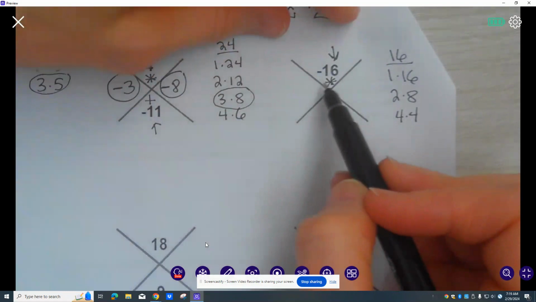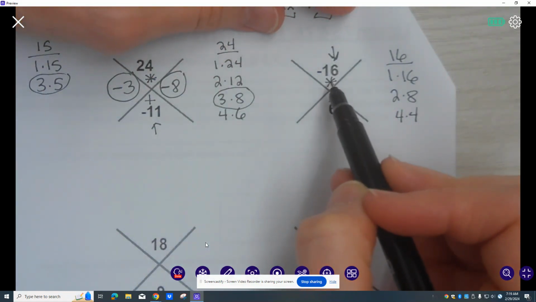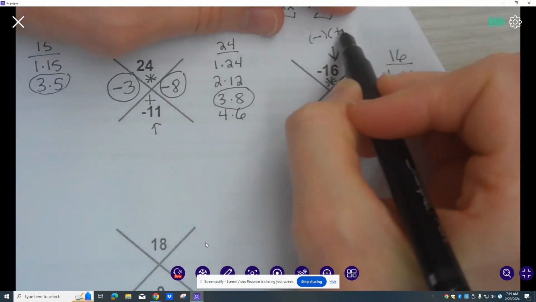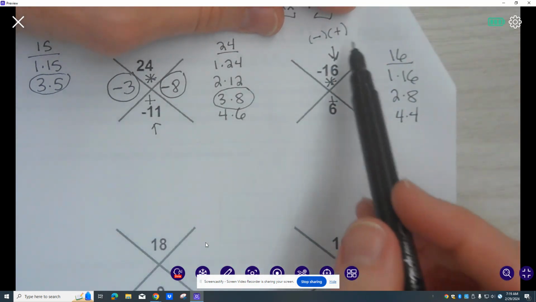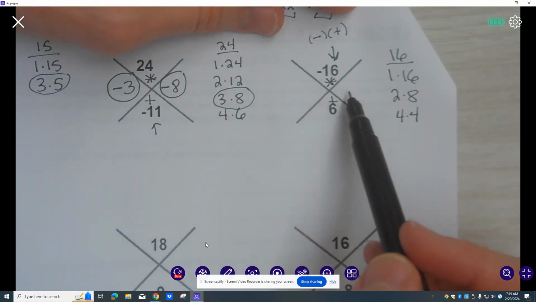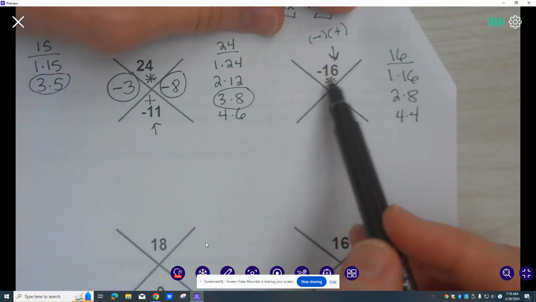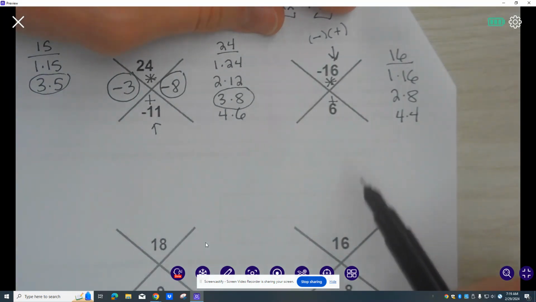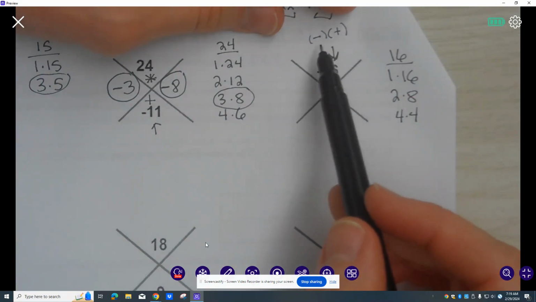So the only way to get a negative number when I'm multiplying is to have one negative and one positive. So I'm going to have a negative number and a positive number here. That's the only way I can get a negative number when I multiply. And then think, what happens when I add a negative and a positive?